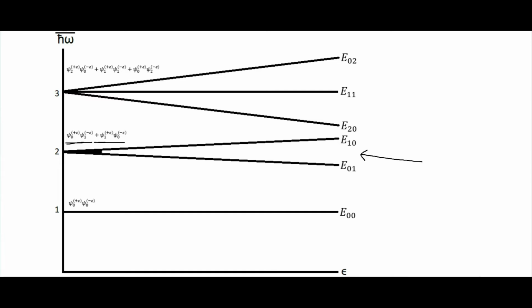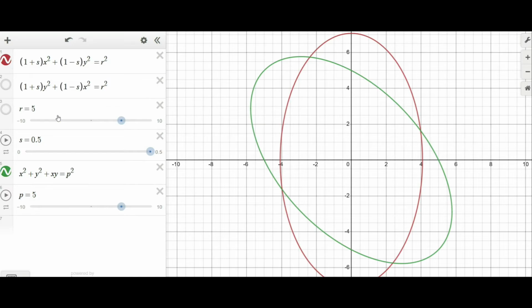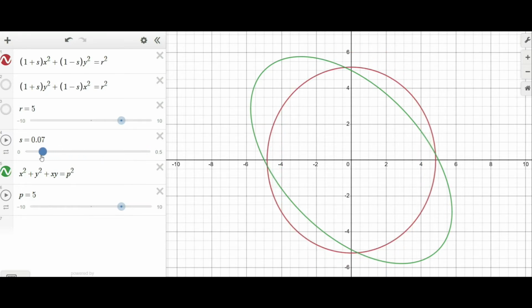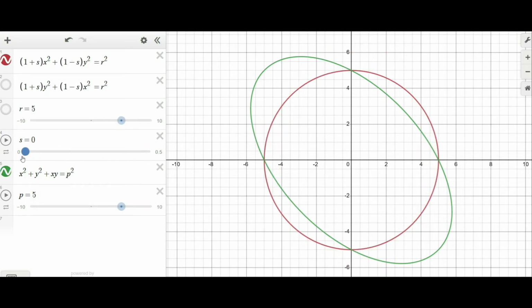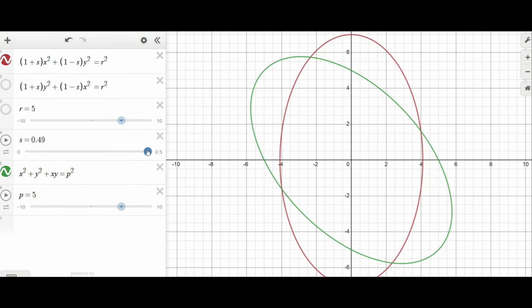And so we can look at what's going on here. Like I said, this S is our epsilon, and so we can see what happens when we take that to 0 and we get back our degeneracy. So we go back to our ideal states, and then if we add the perturbation, that gives us this rotated oval shape here.